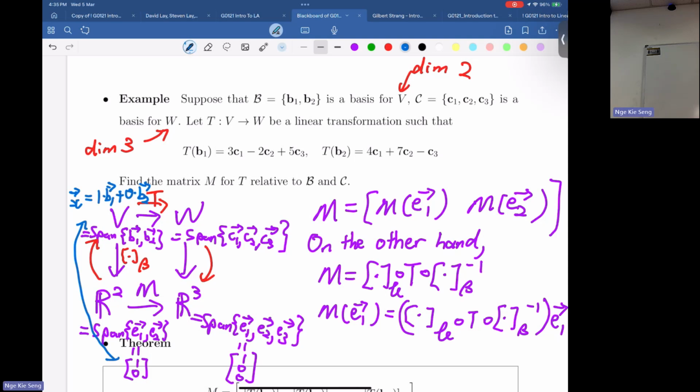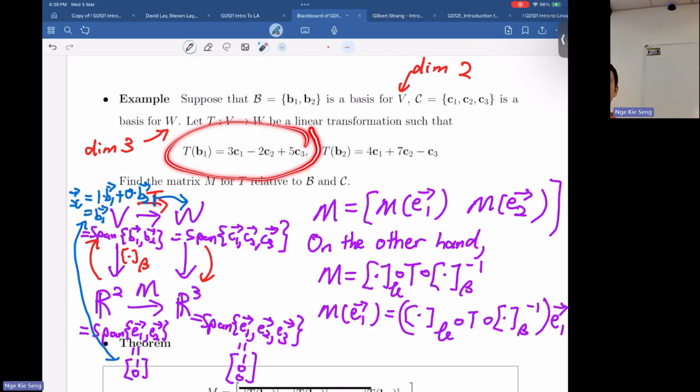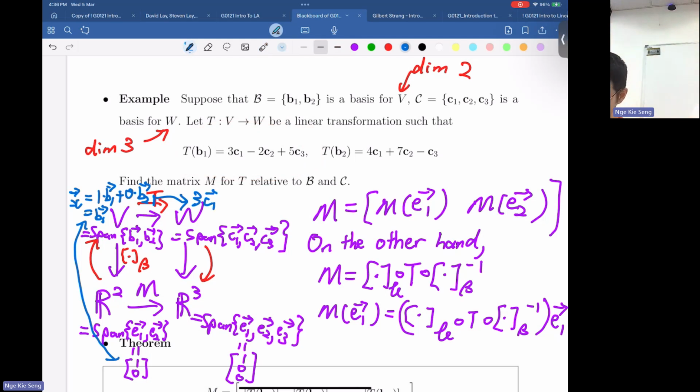Did you hear him? Okay, so actually you send (1, 0) to B1. And then where should B1 go? This definition tells you where B1 goes: 3C1 minus 2C2 plus 5C3.